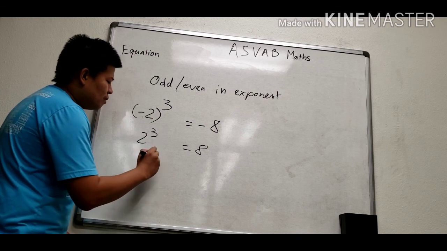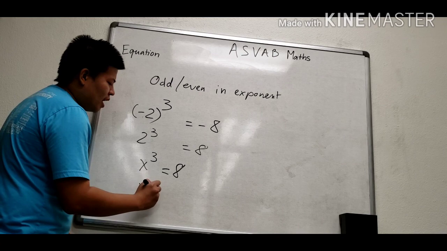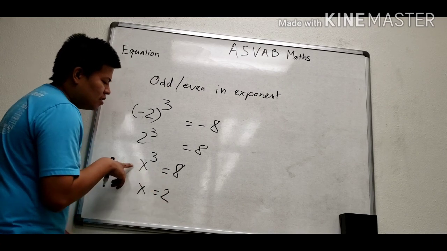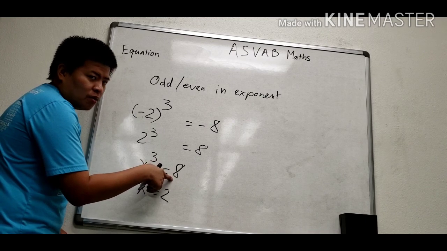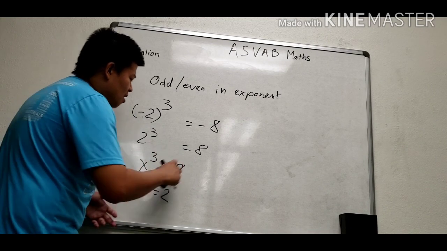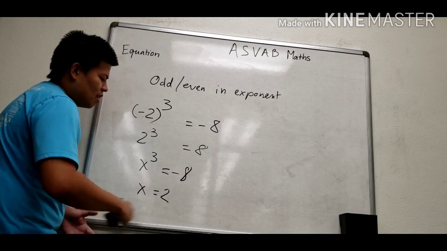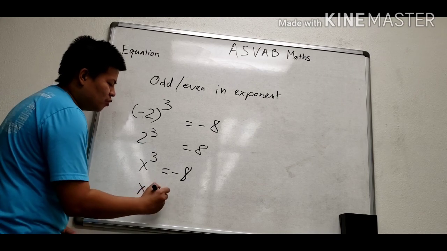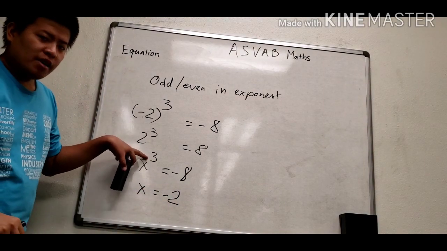If this one is power 3 in here, let's say 8, we can conclude that s is only 2, because only a positive number can create a positive result. But if they have the minus 8 in here, we can conclude only minus 2, because that's the odd power.